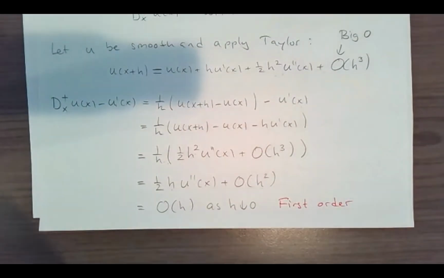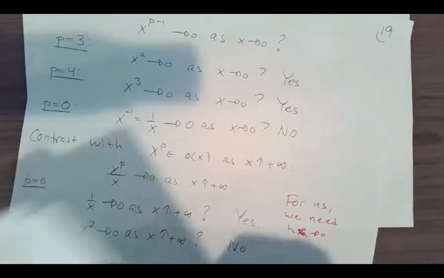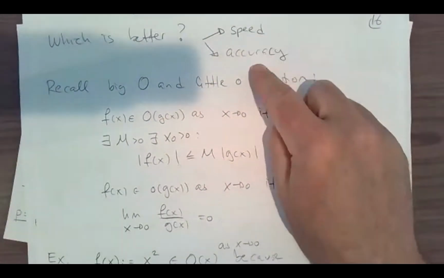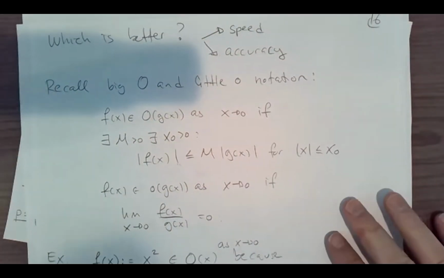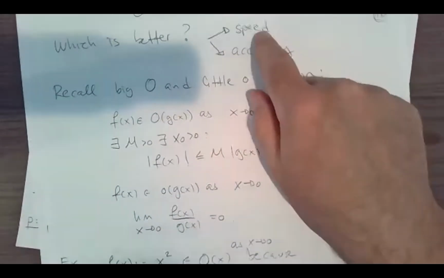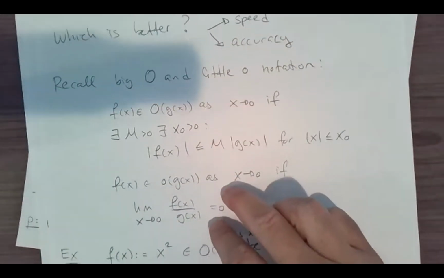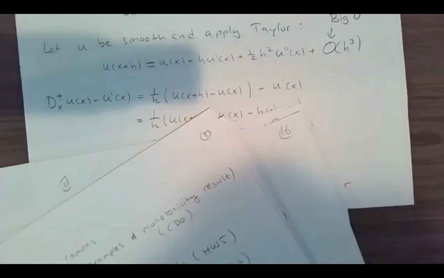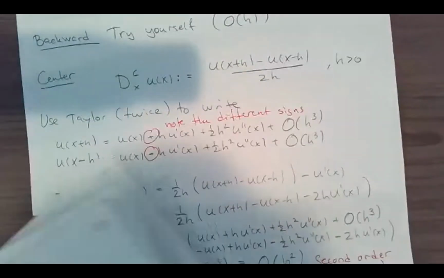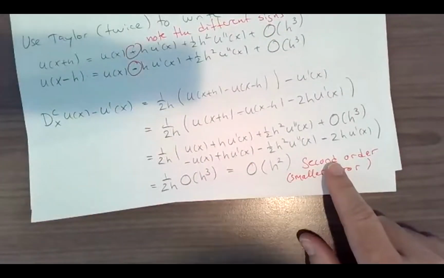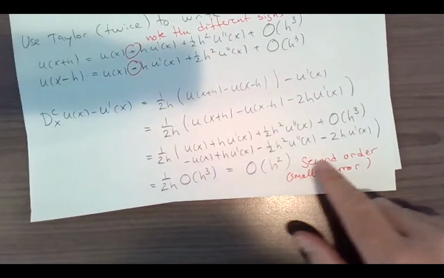But let me just remind you again what the goal here is. We're looking at speed and accuracy. So now we're talking about the speed here. Accuracy is something that we're going to be addressing probably next time. It turns out that while this one has a higher order, it's not stable at all.